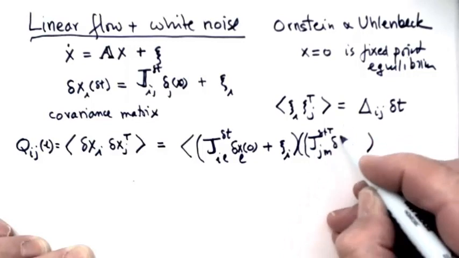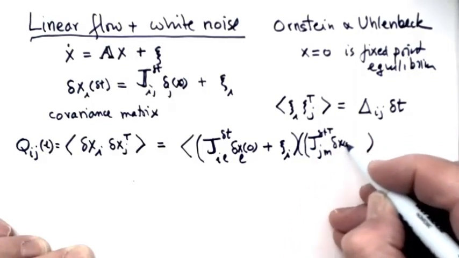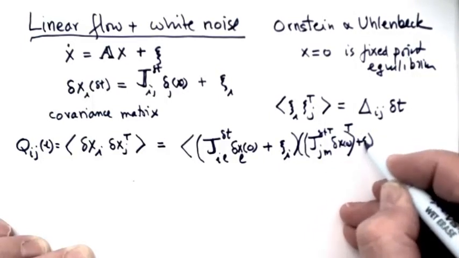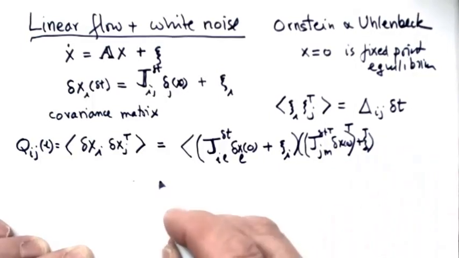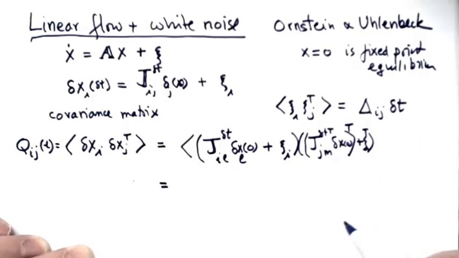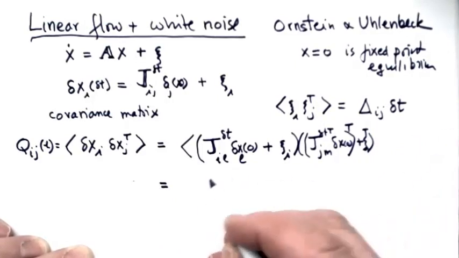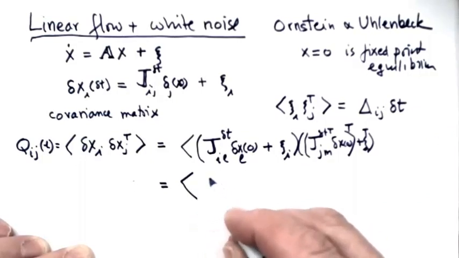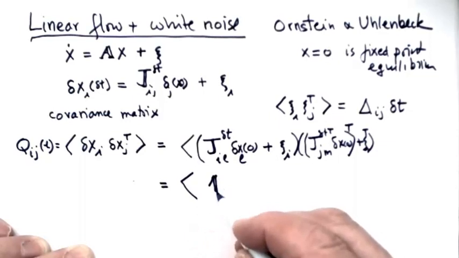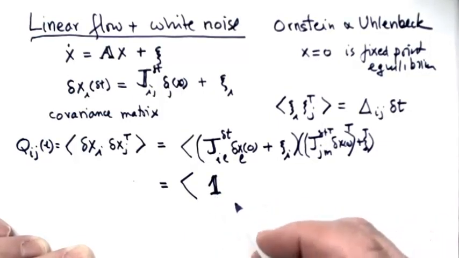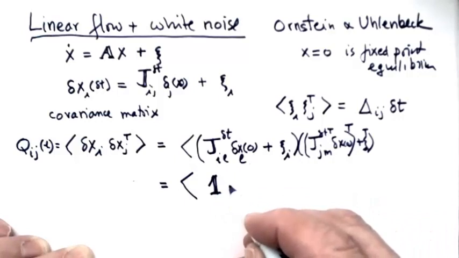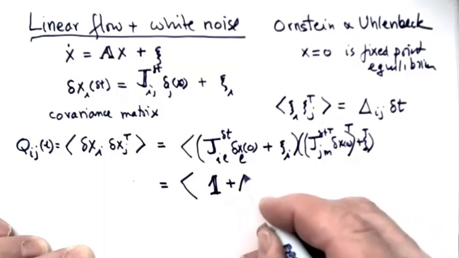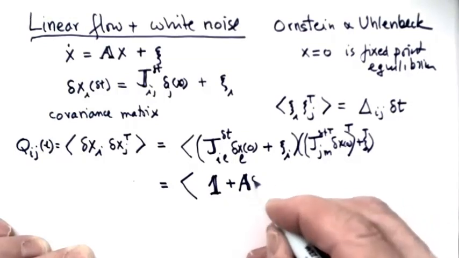Bear with me. Delta x 0, the whole thing transposed, plus sigma i transposed. And now we expand this to the leading order in delta tau. How do we do this? We know that for short time the Jacobian is almost 1 because at 0 time nothing happens. And then it's plus the stability matrix A delta t.